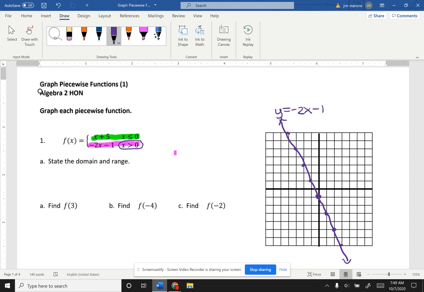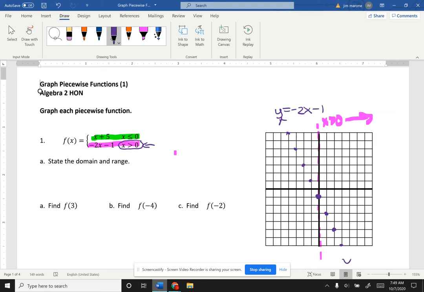But our restriction on the domain, it's called, of this part of the function, is x is greater than 0. So I only want to look at this graph where x is greater than 0. X is 0 right here, so x is greater than 0 is over here. I don't want all that stuff over there.